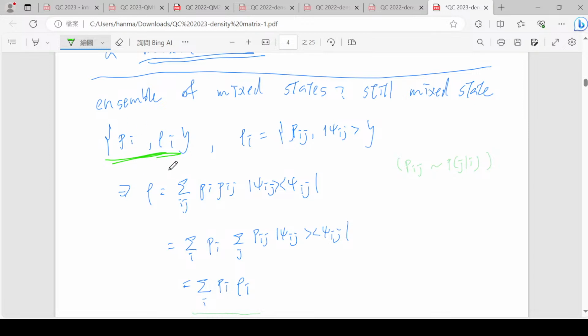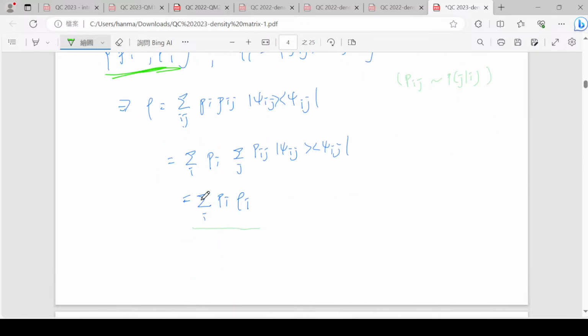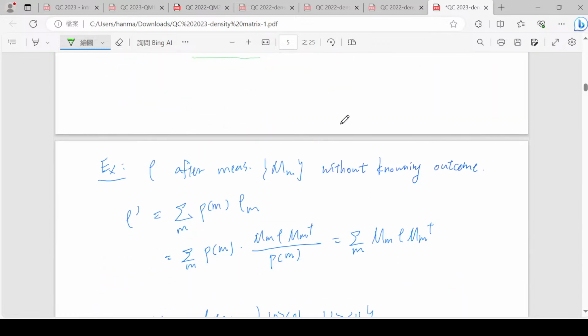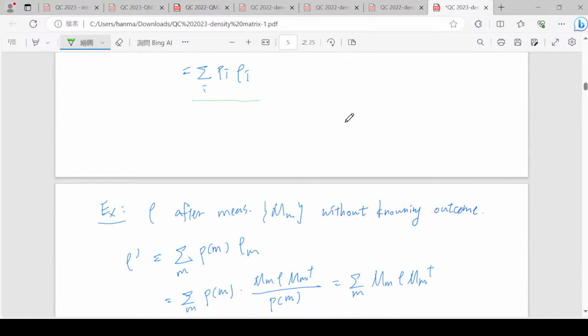And indeed, we want to calculate the rho corresponding to this mixture of mixed states, the p_i mixture of mixed states rho_i, and it's just the sum of p_i rho_i. So it's very easy, you just take basically the average of all those rho_i. So that's pretty cool. Hopefully this is what you expect. That's the outcome.